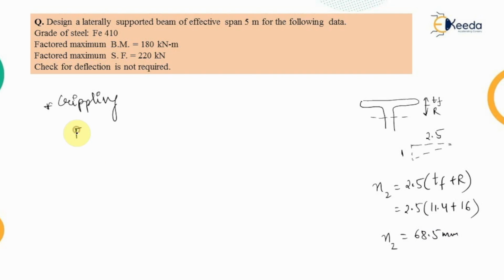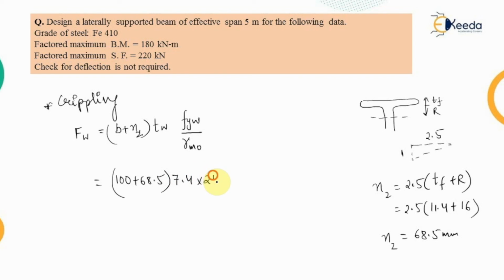Now the crippling value will be equal to the area, that is B plus N2 at the support, into the thickness of the web into Fyw divided by gamma m0. Now this B, that is the bearing length, was 100, plus this N2 value, that is 68.5, into the thickness of web, that is 7.4.